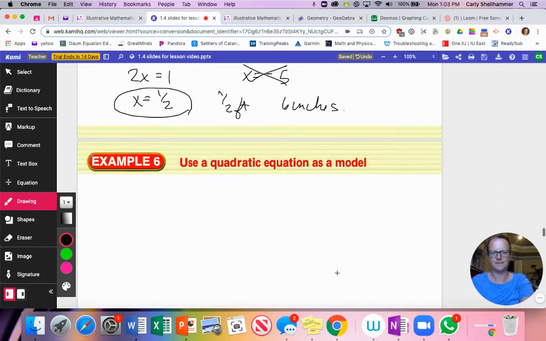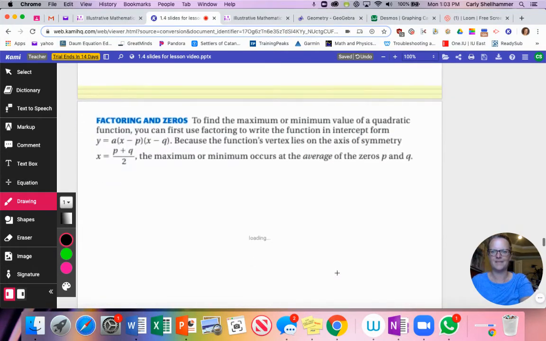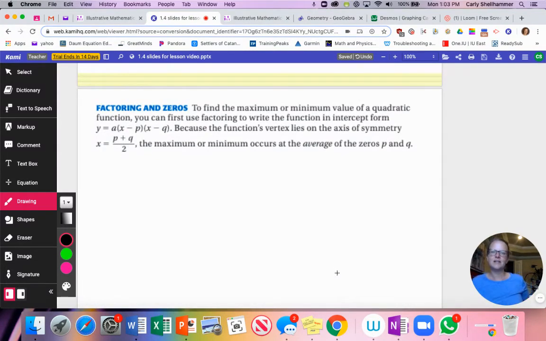That was fun. All right, factoring in zeros. To find the maximum or minimum value of a quadratic function, you can first use factoring to write the function in intercept form. Because the function's vertex lies on the axis of symmetry, the maximum or minimum occurs at the average between the zeros p and q, which is what we did 2 lessons ago.